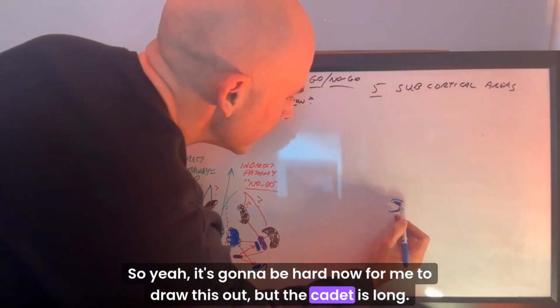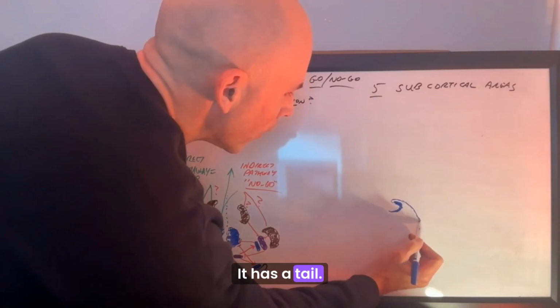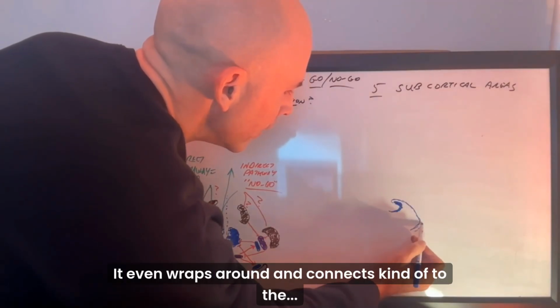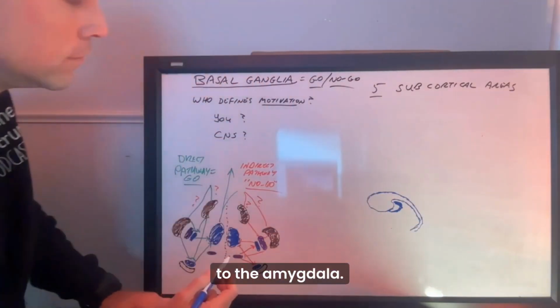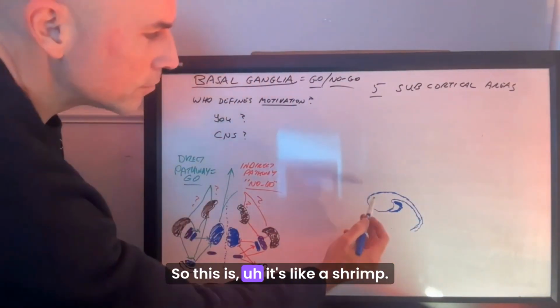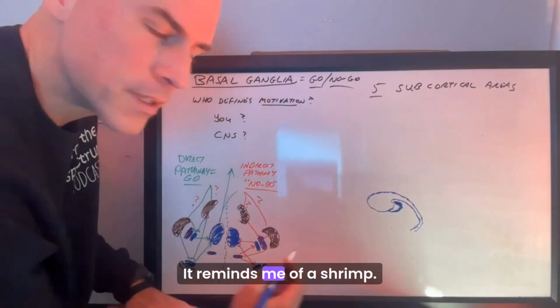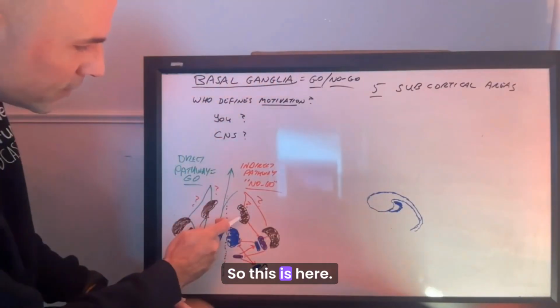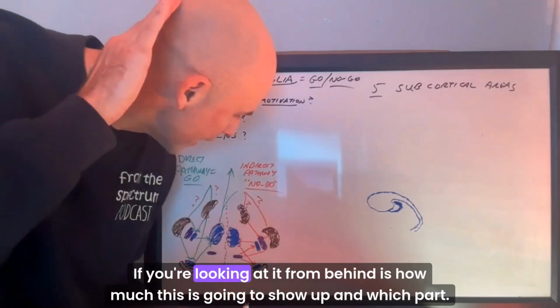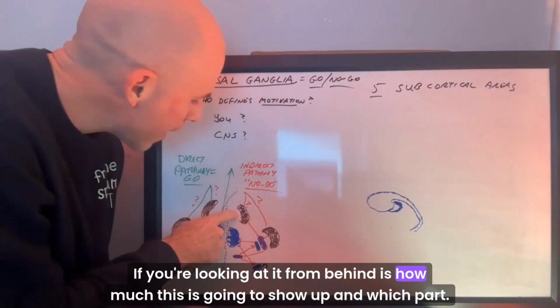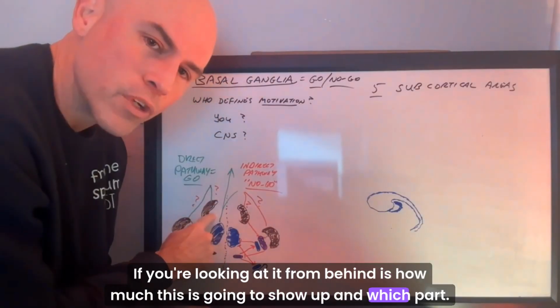But the caudate is long. It has a tail. It even wraps around and connects kind of to the amygdala. So it's like a shrimp. It reminds me of a shrimp. So this is here. Now it just depends on how deep you want to go. If you're looking at it from behind, is how much this is going to show up and which part.